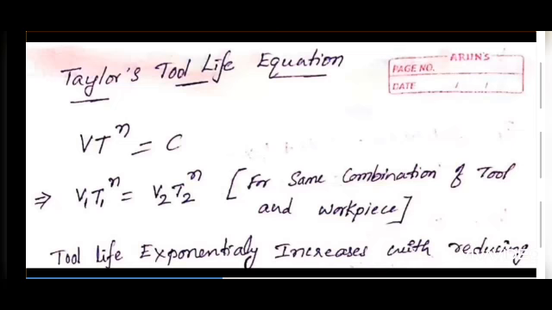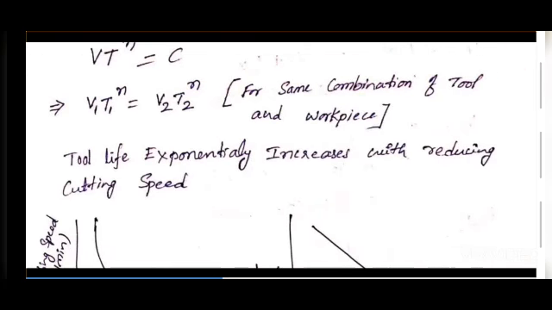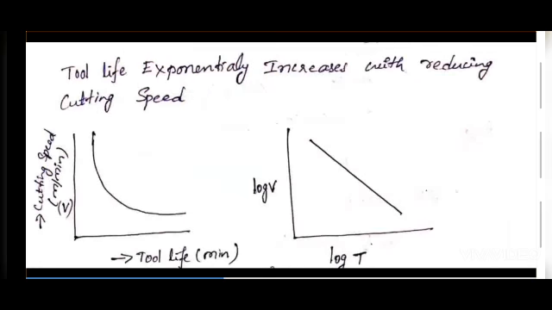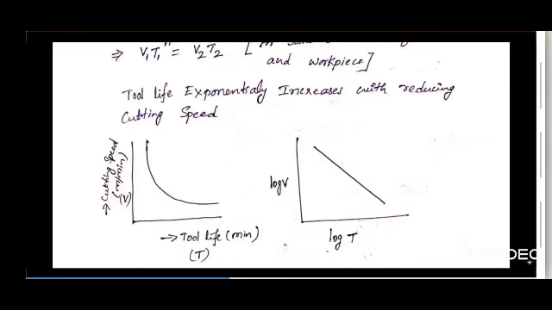As this graph shows, tool life exponentially increases with reducing the cutting speed. As you reduce the cutting speed, the life of the tool increases exponentially. At a certain minimum speed, the life of the tool will be constant.